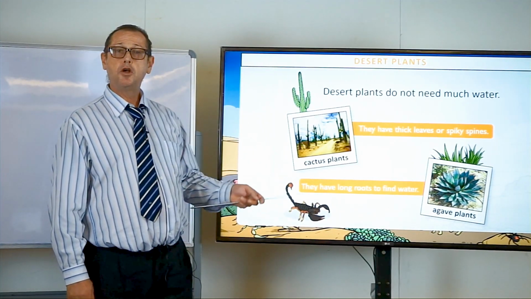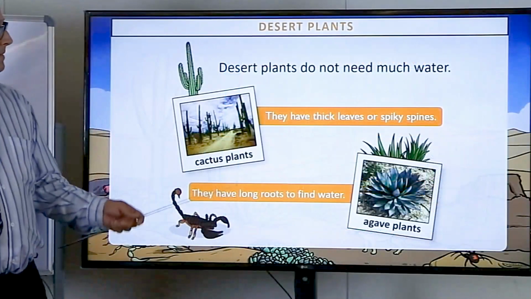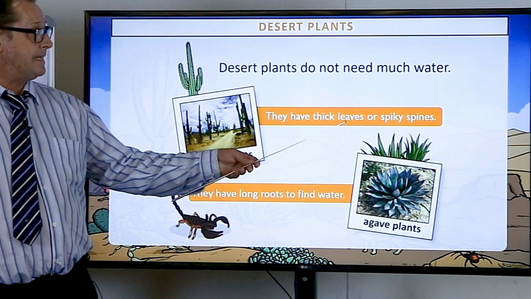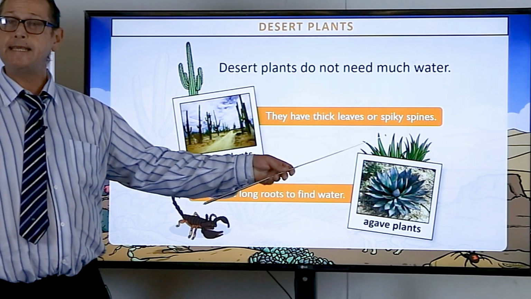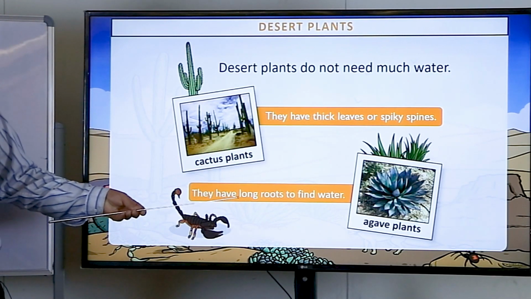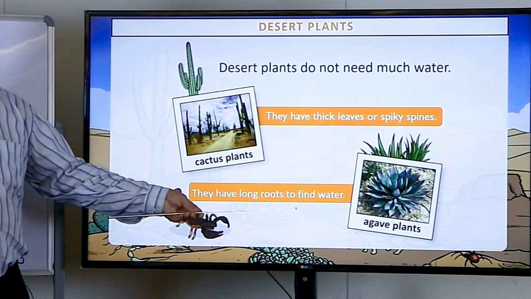Desert plants do not need much water. They have thick leaves or spiky spines. They have long roots to find water.